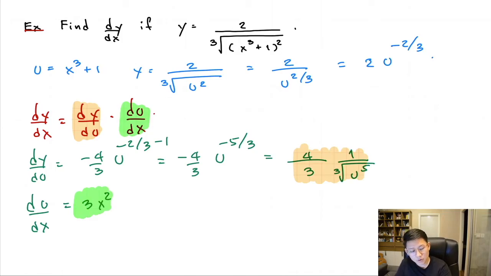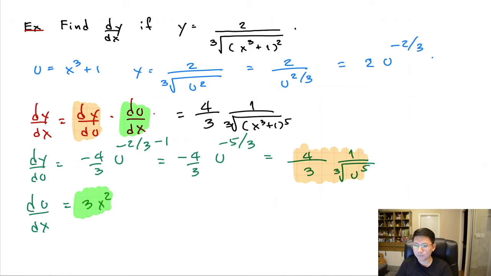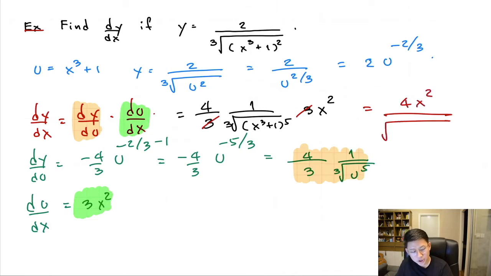So we have dy by du, which is 4 divided by 3, 1 over the cubic root of u, which is (x cubed plus 1) to the power of 5, and then times 3x squared, and the 3 here got cancelled out, so we have 4x squared divided by the cubic root of (x cubed plus 1) to the power of 5, and that's the answer.